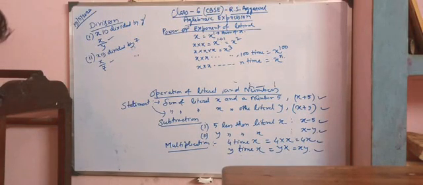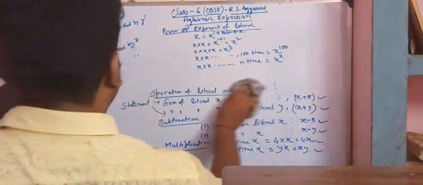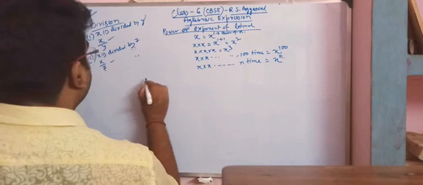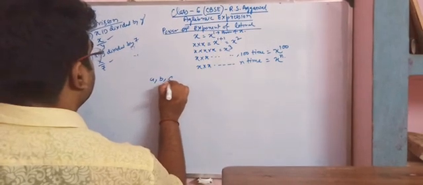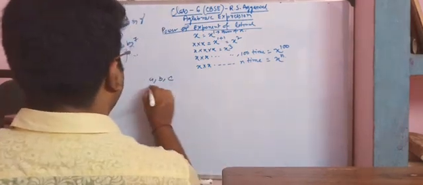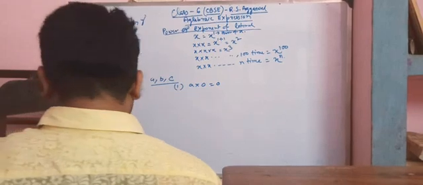So actually, next come to another formula. For any three literals A, B, C, we can write: A into 0 is equal to 0.